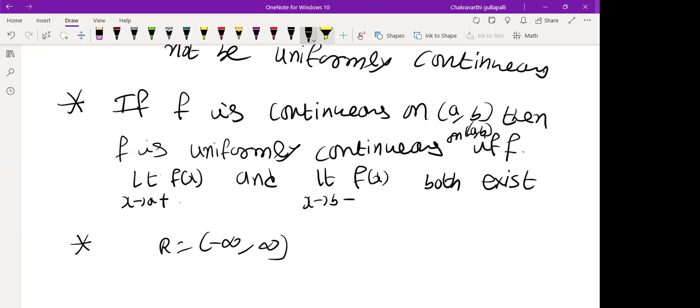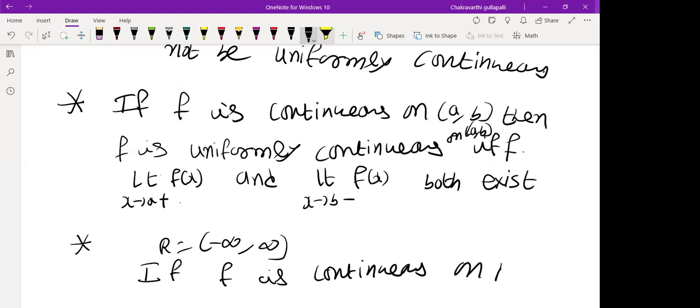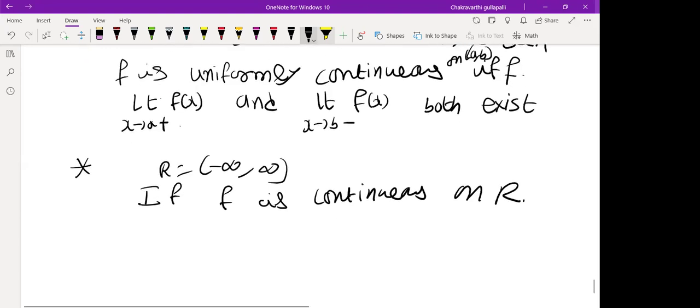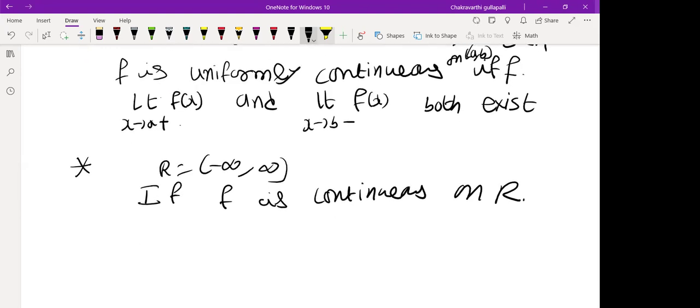If a function f is continuous on R, continuous alone we cannot say uniformly continuous. And two more conditions. Limit x approaching infinity, f(x) exists.